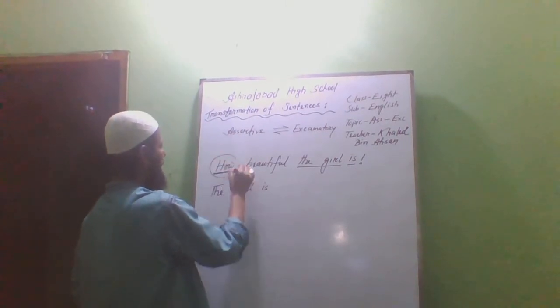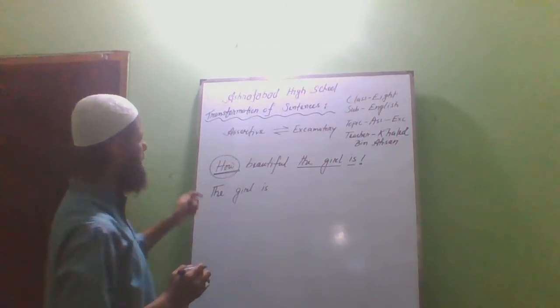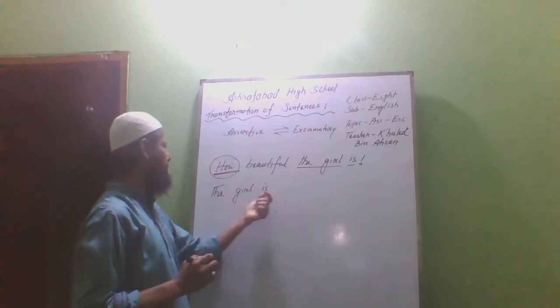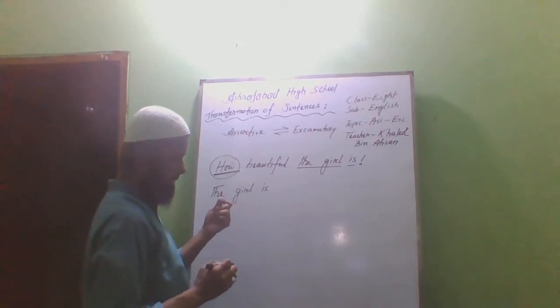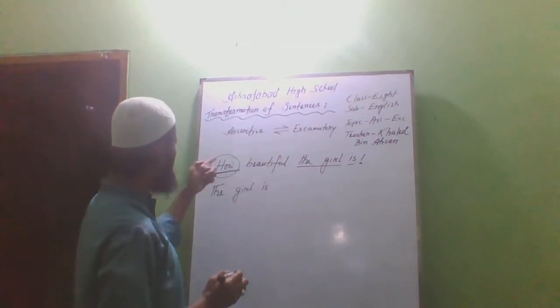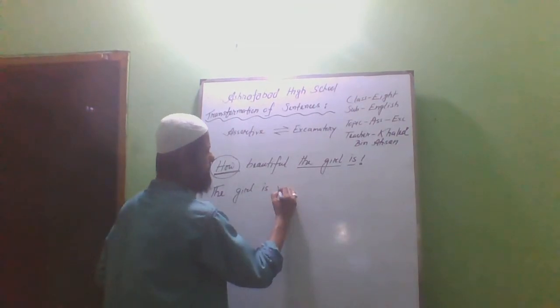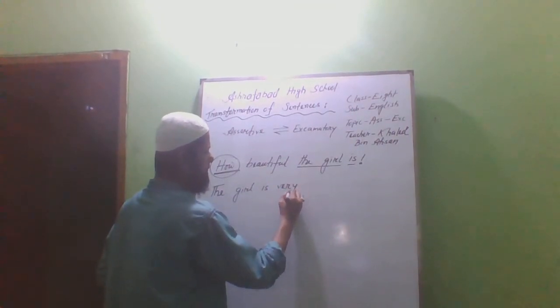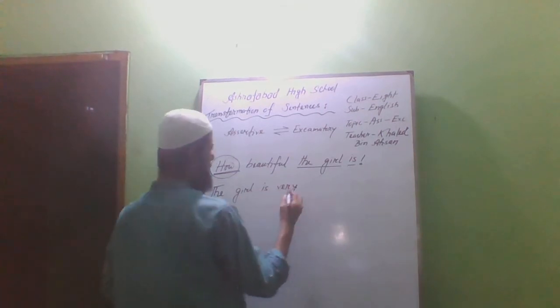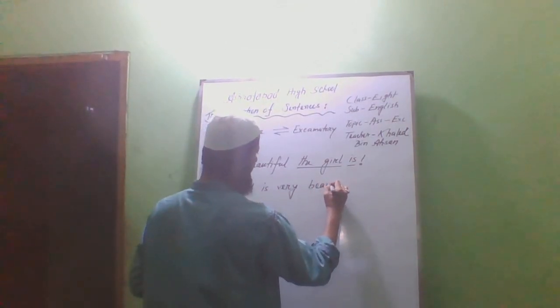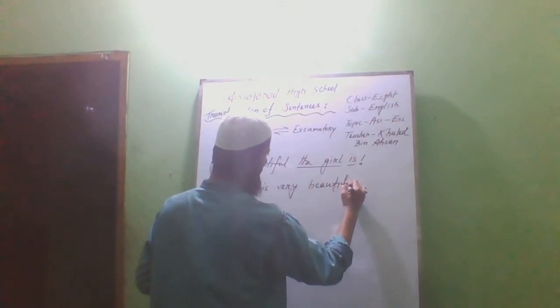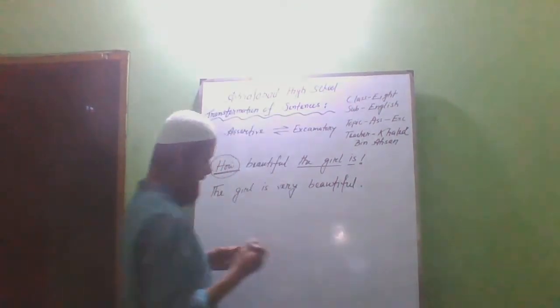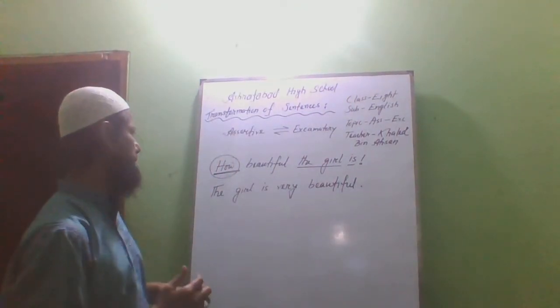If we find how in any exclamatory sentence, for how we will use very. I mean, very will replace the word how. The girl is very beautiful, and we must use a full stop at the end of the sentence.